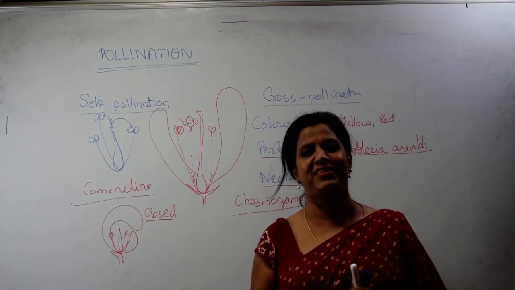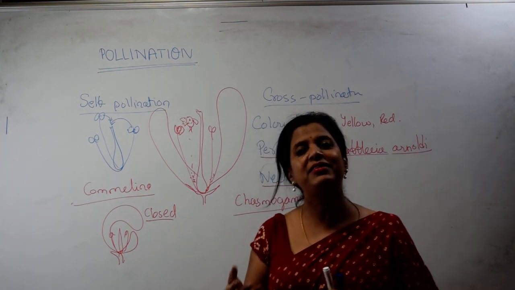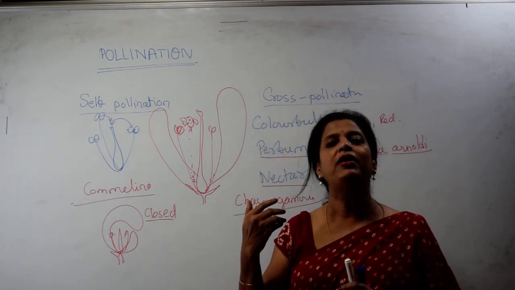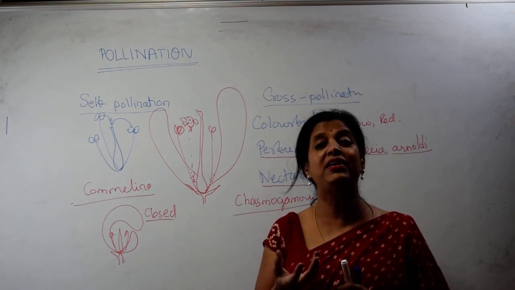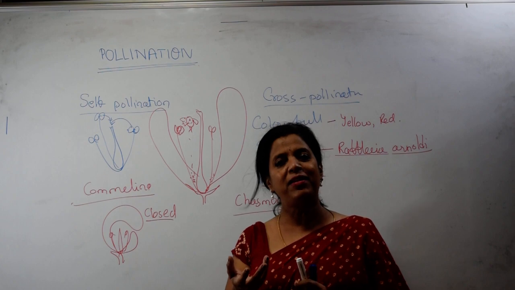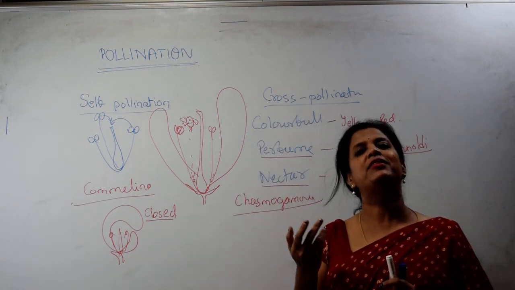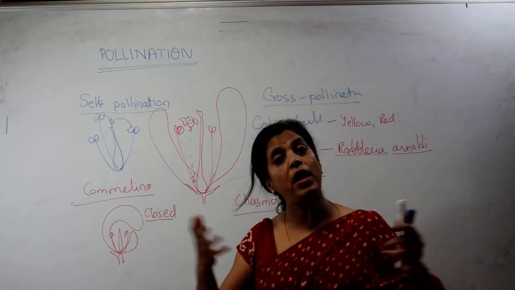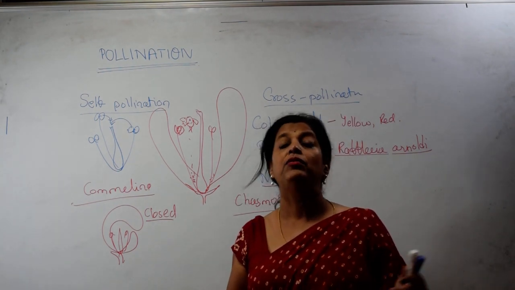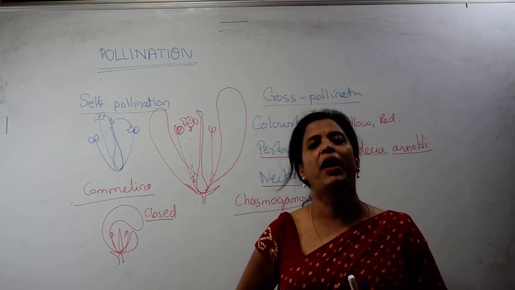So it has to waste a lot of energy for all these things. That's the reason why the plant will have to waste energy on all this ornamentation, right? At that time, what may happen? It may or may not undergo pollination. Again, that's a problem. And it has to produce a large number of pollen grains and very attractive petals. See, everything is very, very costly for the plant.